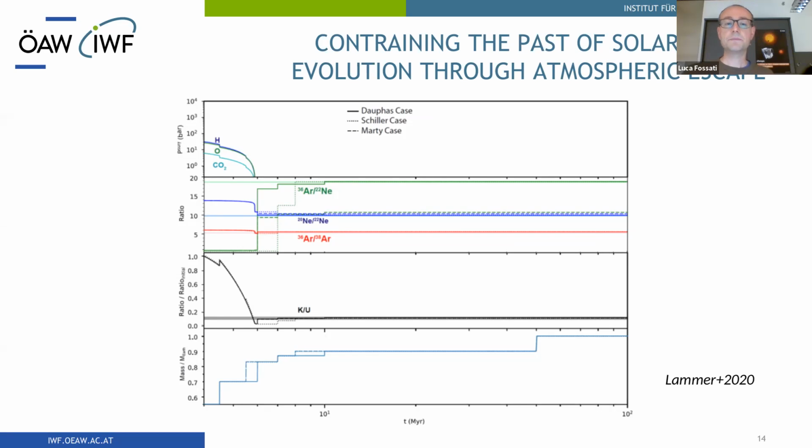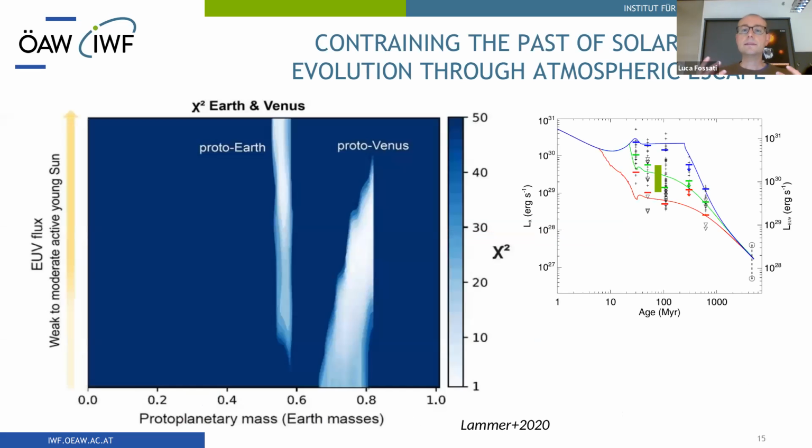I'm almost done, yeah. So we have done essentially the same thing, again in a sort of Monte Carlo scheme, but a bit more simplified this time, and arrived at this conclusion. This plot shows you the mass of the Earth and Venus in Earth masses when essentially the planets came out of the nebula.